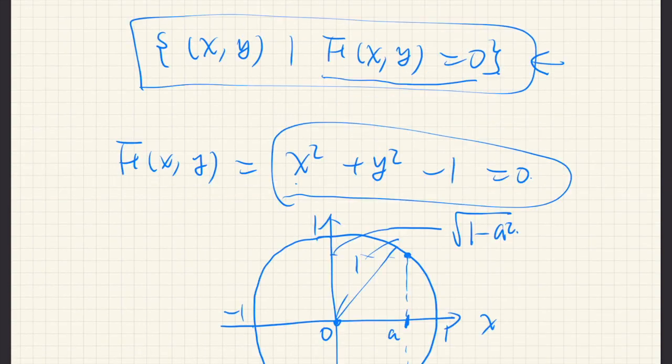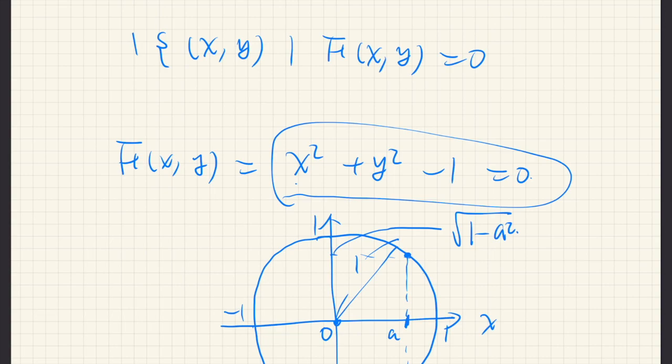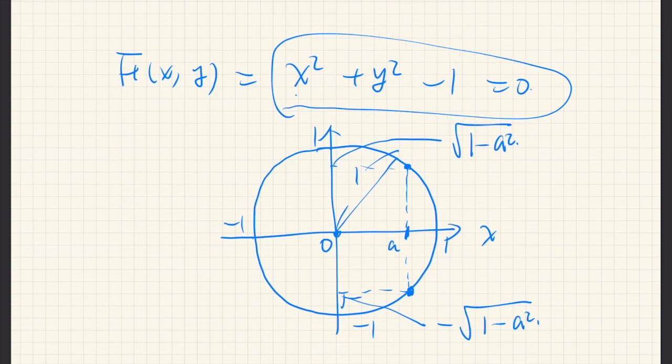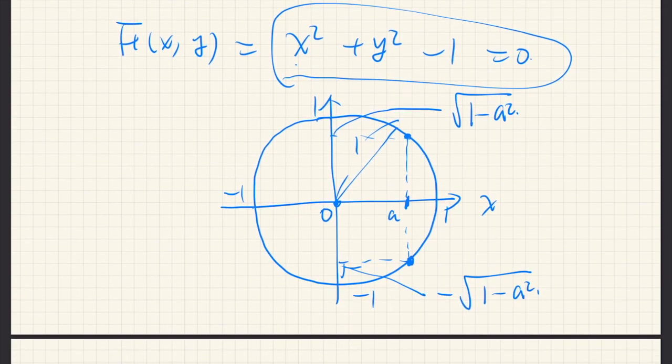However, with slight modification, we can make this represent a graph of some function. So we add one more condition, that is y is positive. So x and y satisfy this relationship, and y should be positive. In that case, what this set represents is this part of the graph of this circle, and we do not include these endpoints.